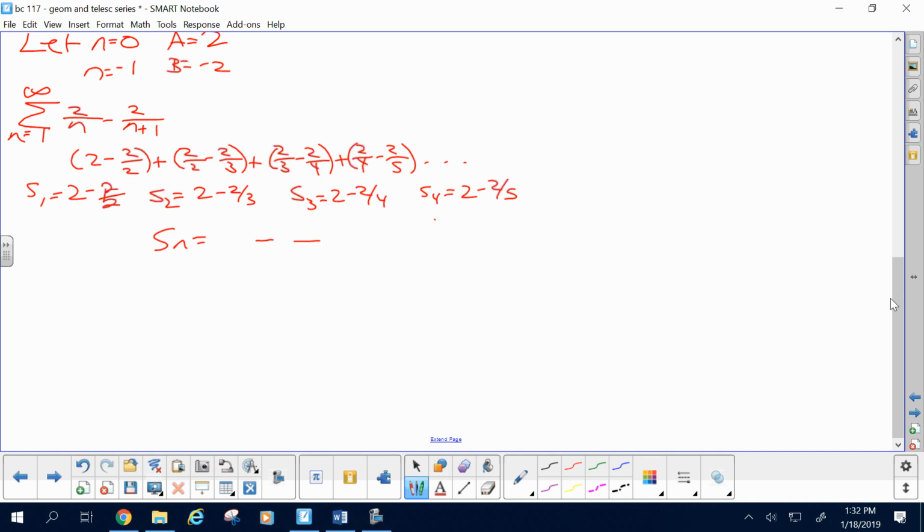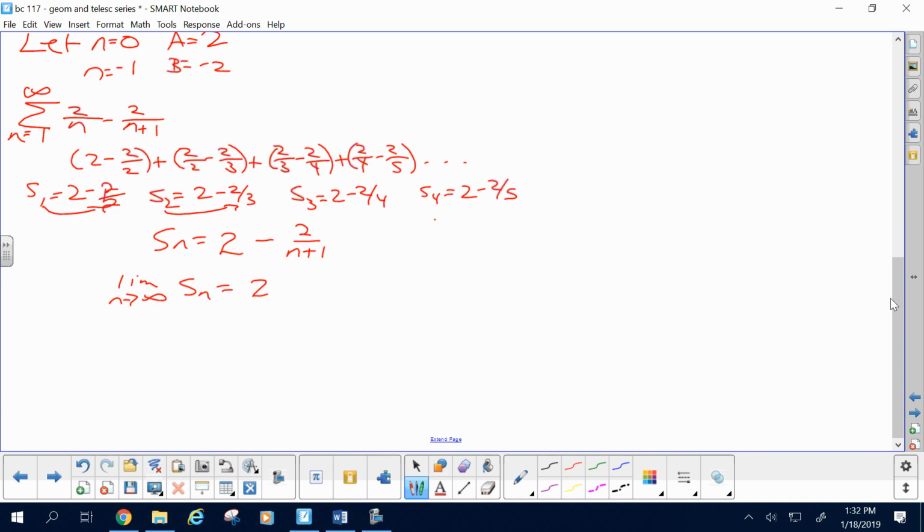Do you get a partial sum pattern like I have here? What's your nth partial sum formula? 2 minus 2 over n plus 1. And I agree, that works. And then what do I do after that? Take the limit to show the partial sums converge to a finite sum. You take the limit as n goes to infinity, this goes to 0, and the sum approaches 2.